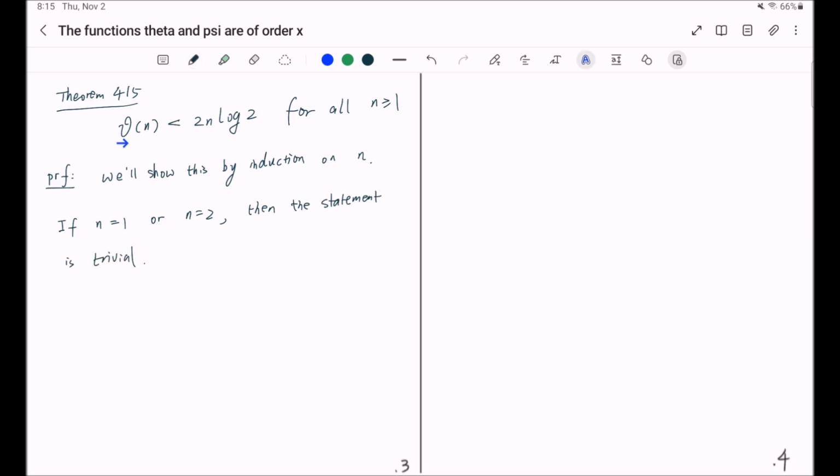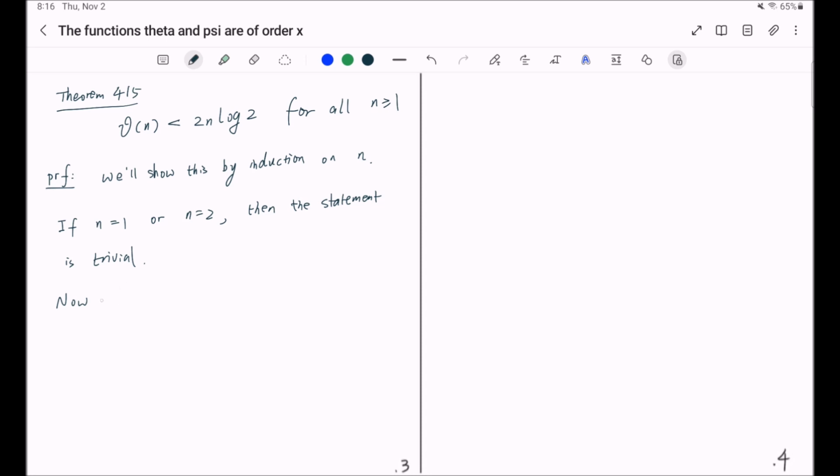Because by definition of theta, theta of 1 is 0. And theta of 2, because 2 is a prime number, is equal to log of 2, which is also less than 2 times log 2.